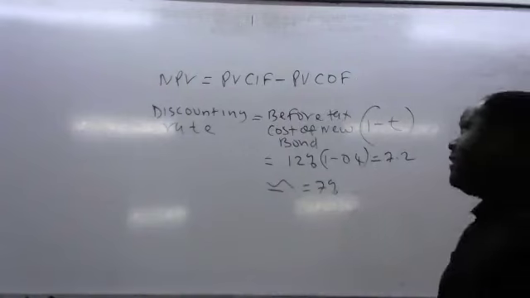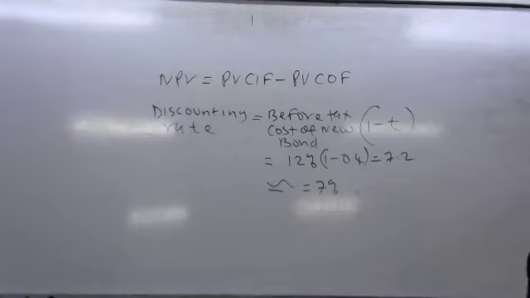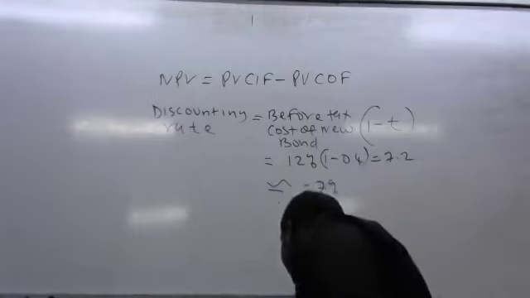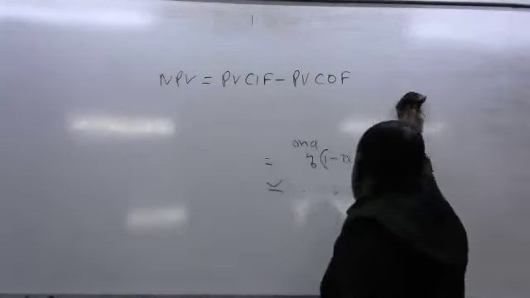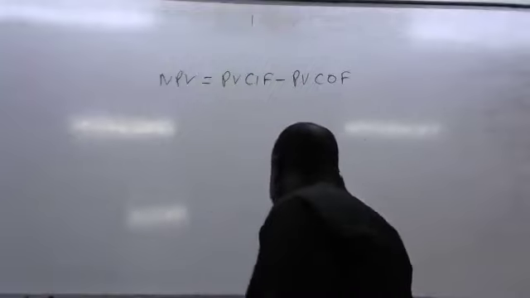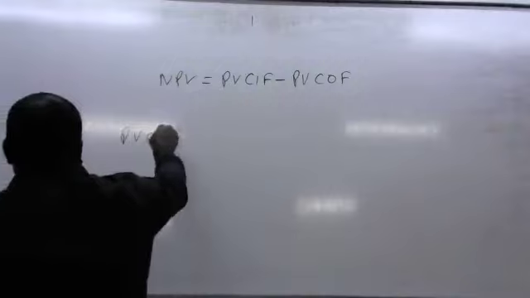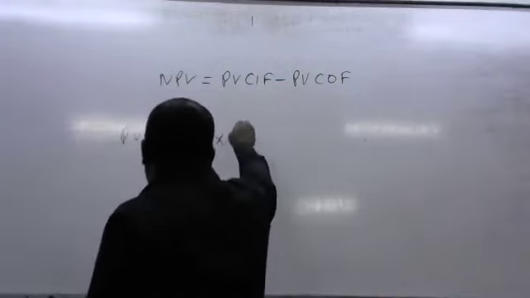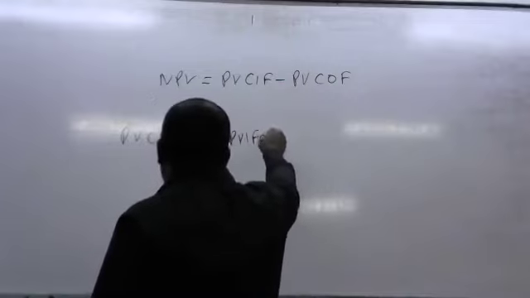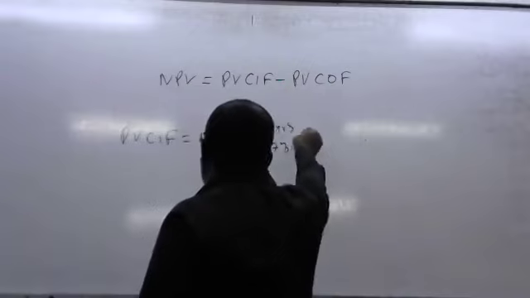So we want to get the net present value. The present value of the cash inflows will simply be the annuity present value interest factor, 7% for 5 years.